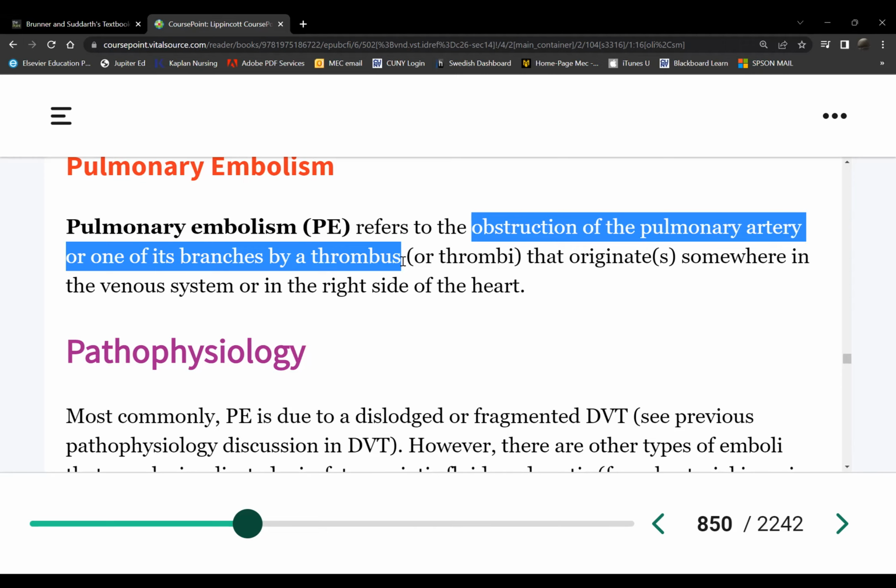Okay, so therefore, the pulmonary artery, what kind of blood is it carrying? Deoxygenated blood. Is this bright red or dark red? This is dark red blood that it's carrying. It has no oxygen. It's going to the lungs to get oxygen and then returns to the heart via the pulmonary veins already carrying oxygen.